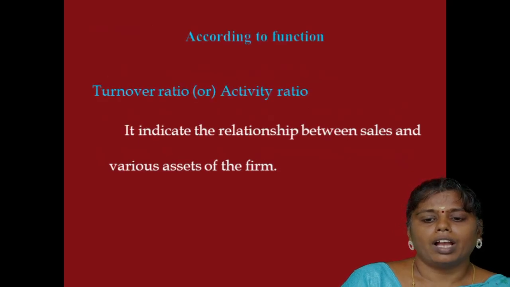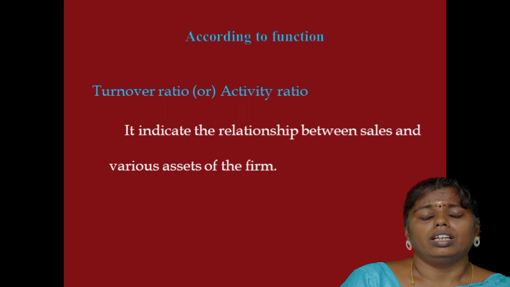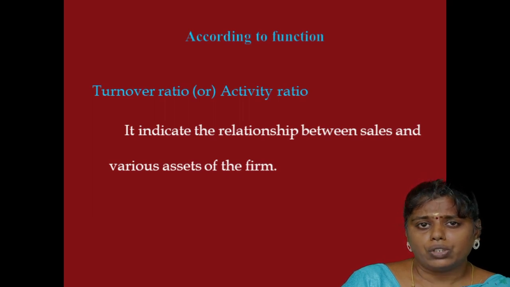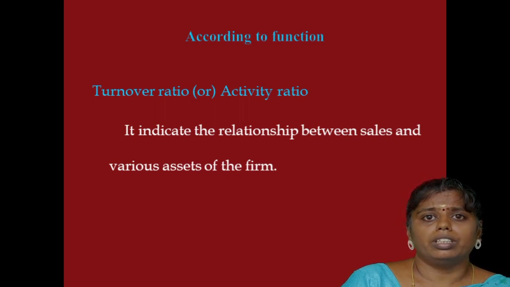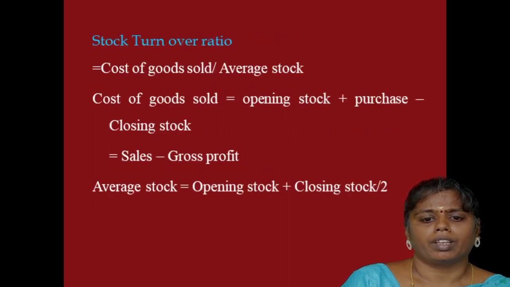Next, according to the function, there are the solvency ratio and the turnover ratio. The solvency ratio is called the long term solvency ratio. Another name for the turnover ratio is the activity ratio. It indicates the relationship between sales and various assets of the firm. The formula of stock turnover ratio equals cost of goods sold divided by average stock.